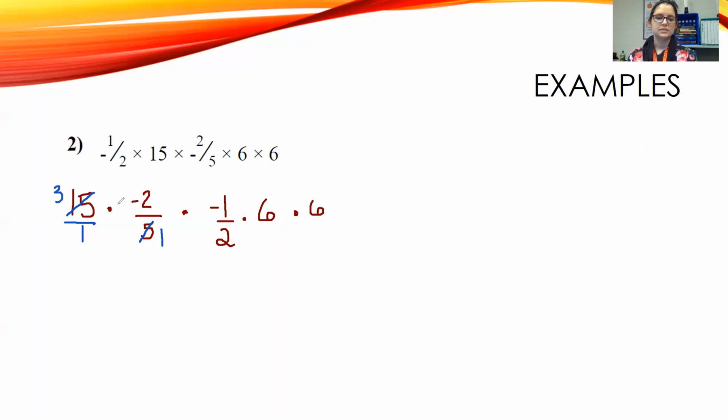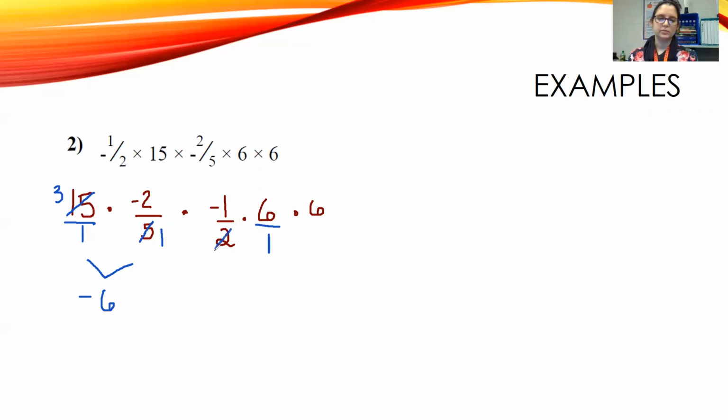So 3 times -2. A positive times a negative is a negative. 3 times 2 is 6. My denominator is 1 times 1. I can put this over 1, but I'm going to leave it out. Now to look at my -1/2 times 6. I'm going to place my 6 over 1.